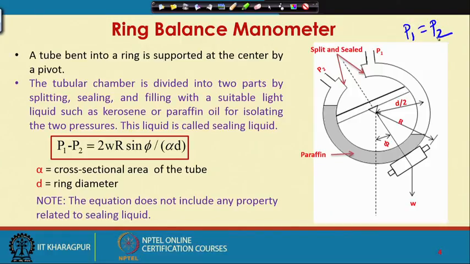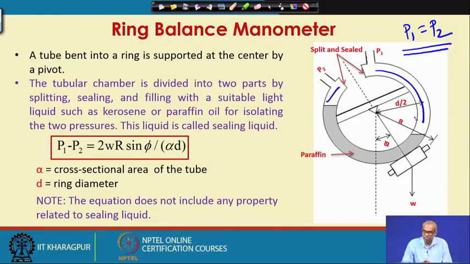But if these two limbs are connected to two different pressure sources, or these two chambers are connected to two different pressure sources, then the ring balance manometer will experience a torque which will try to rotate the ring, and then there is a weight attached to the ring which will try to arrest that rotation.